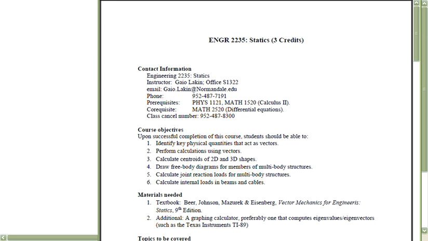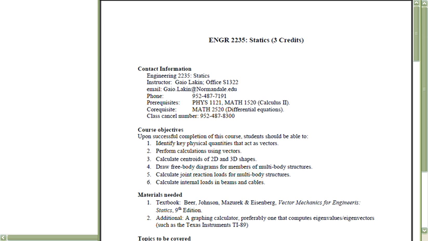The prerequisites are the first semester of engineering physics and Calculus 2. And by the way, Calc 2 is sort of just on there as a, I mean, I guess there are maybe a total of one full class period that will be using integrals.